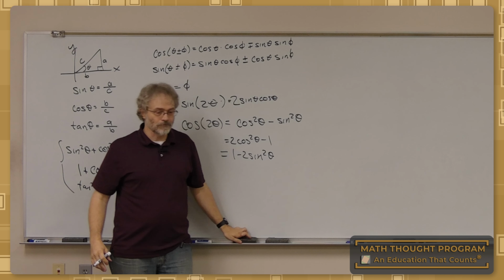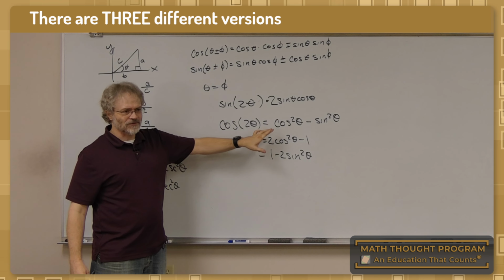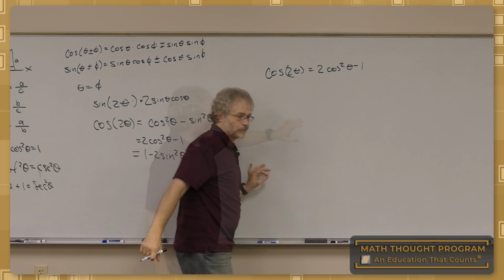So for the sine, you have one up here you really got to know. But for the cosine, you have 3 different variants of this. Now, a lot of things start turning very, very quickly. If I was to look at cosine 2 theta, this could be expressed as 2 cosine squared theta minus 1.